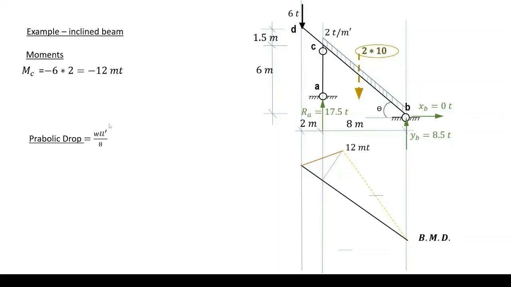L' is the projection of CB perpendicular to the load, and therefore we have our drop, 2 multiplied by 10 multiplied by 8 over the constant 8 equals 20 meter tons, and we plot it on our diagram. This concludes our example on inclined beams.